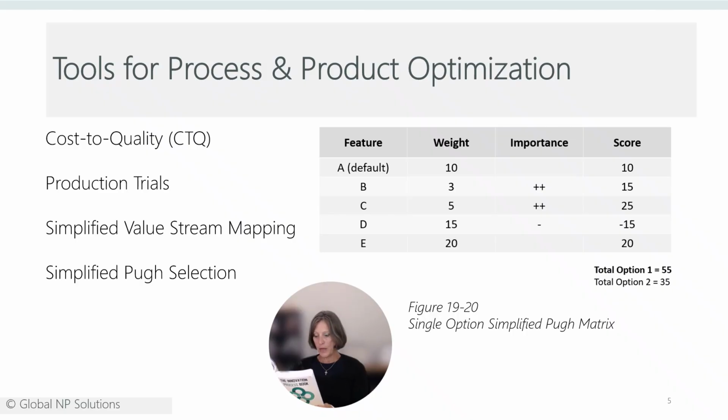Feature B, for example, represents the single cup brewing option and is weighted low in design complexity, but received a +2 score for importance to the customer. Overall, the feature scores 15 since each level of importance was assigned a value of 5 by the team. Summing all the options for variable coffee pot volumes, this option resulted in a score of 55.